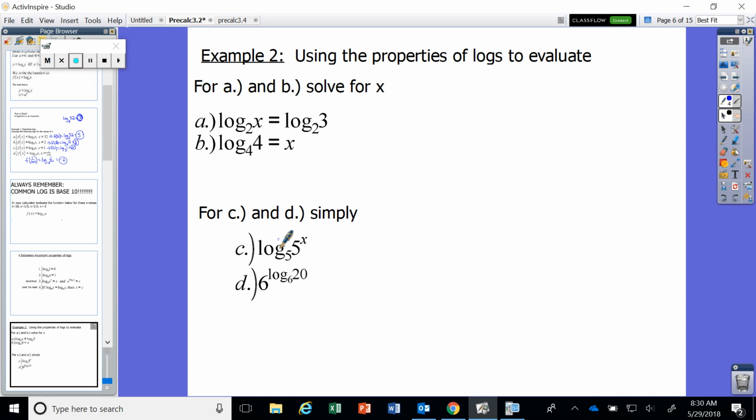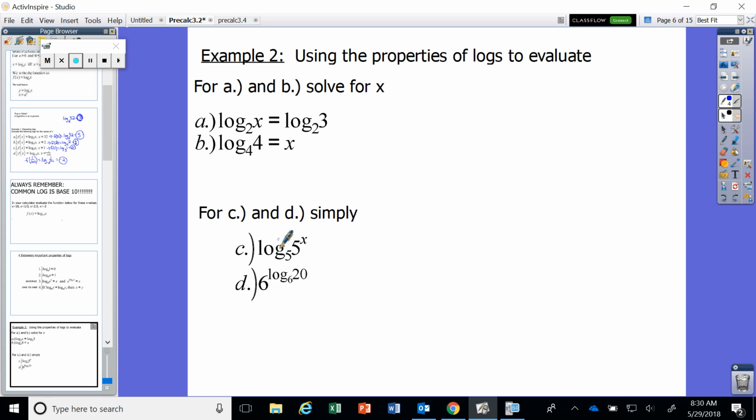I'm sorry about that. Using the properties of logs to evaluate for a and b, we want to solve for x in this specific example. So for part A, it says log base 2 of x equals log base 2 of 3. So what does this mean?